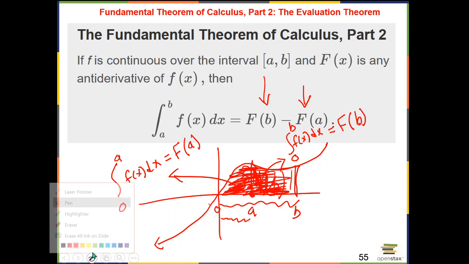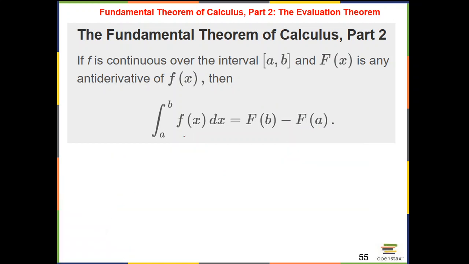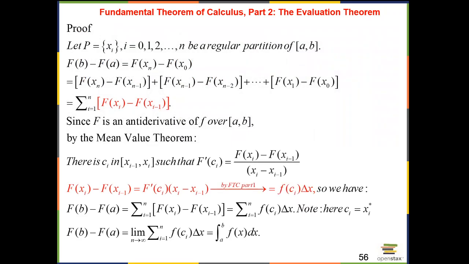But how do we prove it? Well, to prove it, we have to start with this and somehow get this out of it. So that's how we want to prove it. Let's do that. We go to the interval from a to b, and we're going to divide it into partitions. How many?